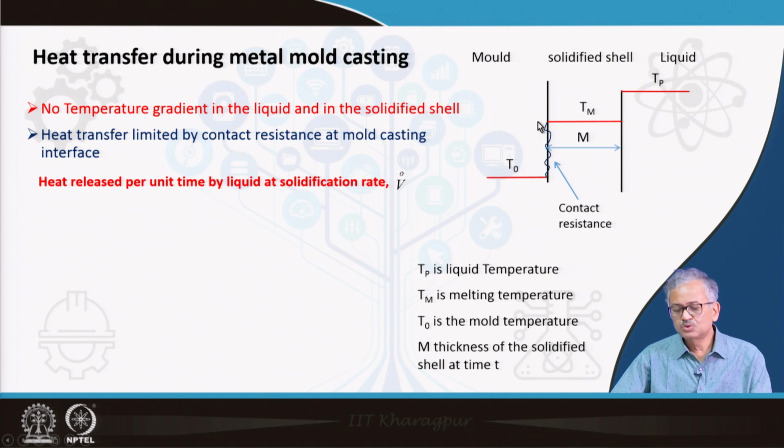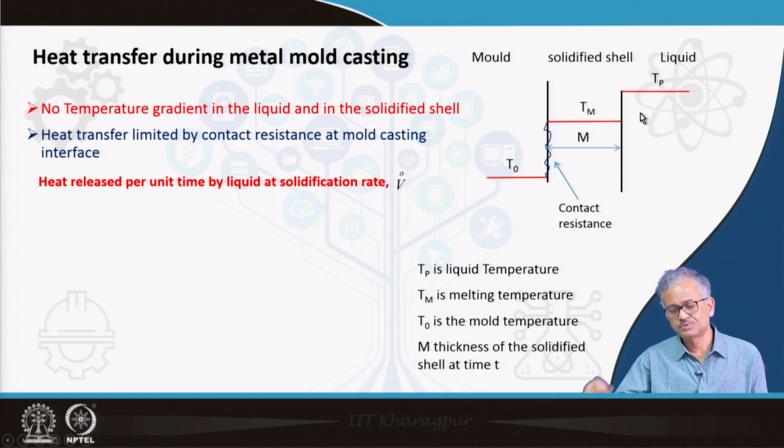Now let's consider the heat flux. If I consider that heat transfer is controlled by this resistance, then whatever heat is generated during this solidification, all the heat will be transferred through this contact resistance. The heat generated during solidification is because of latent heat, and also because the liquid temperature will come down from Tp to Tm, that is the sensible heat.